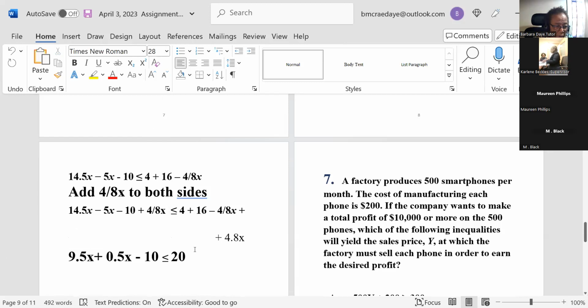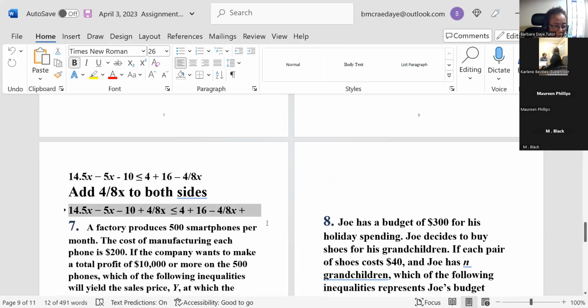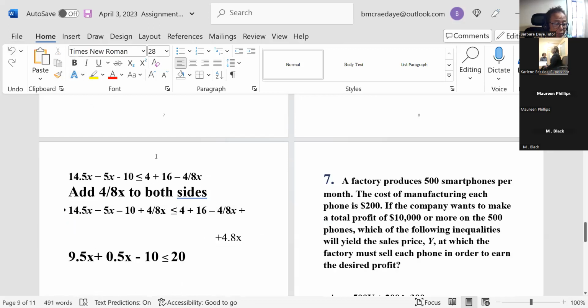I tabbed it over too far. I was trying to put it underneath it because you said it's clearer to you when it's underneath. So this 4/8x, I'm trying to put it underneath that. Sorry for the trouble, Miss Barbara.